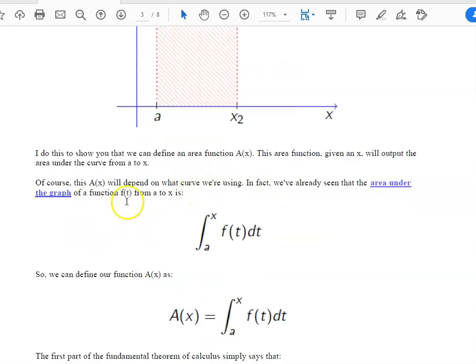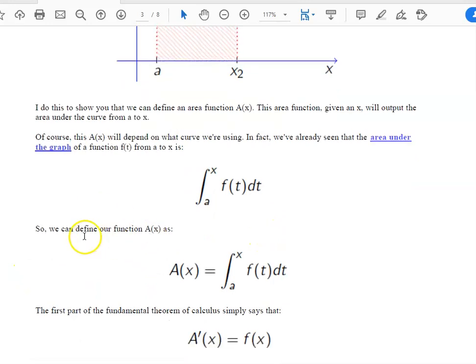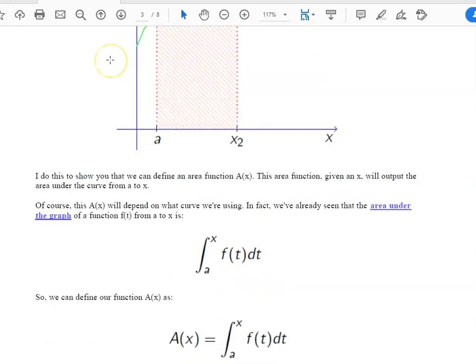Now it depends upon what curve we're talking about, of course. If you remember, I think, the definite integral from a to x of f of t dt. So we can define A of x then as this area under the curve from a to x of f of t dt. That's what we said the definite integral was.